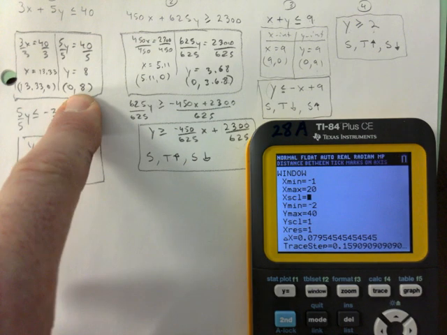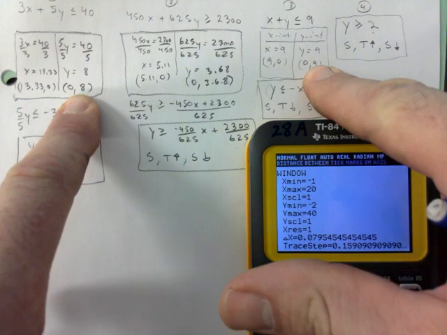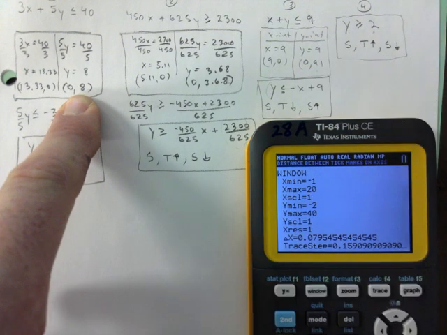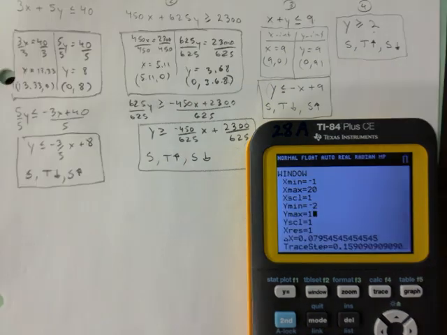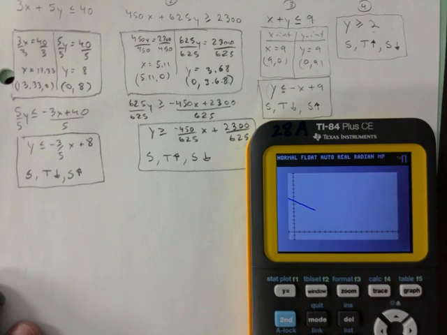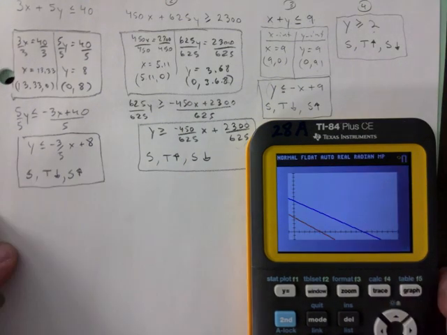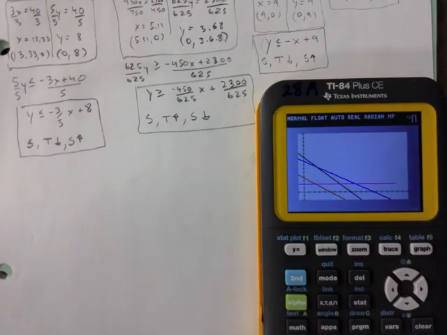So if I go up to 15 for my y max, that'll do the trick. That also gives you a pretty good idea of what window to consider. So that's what it's supposed to look like when you're all said and done.